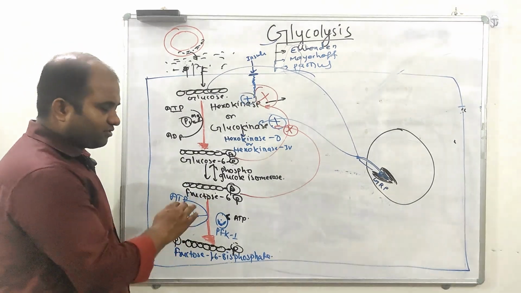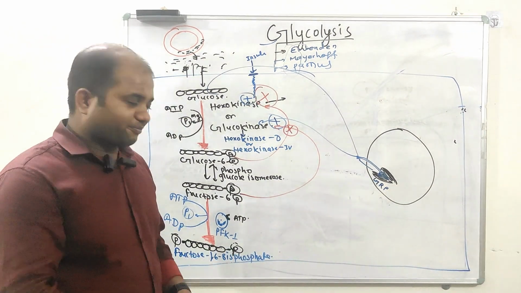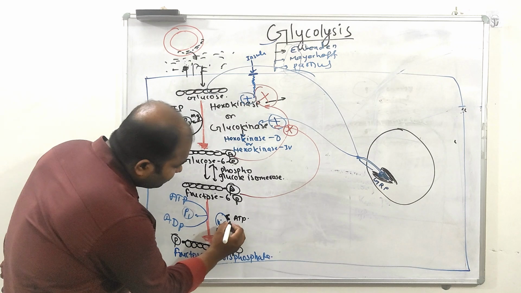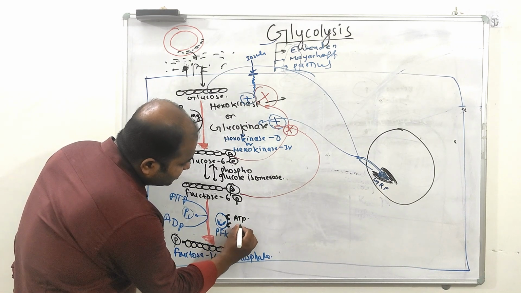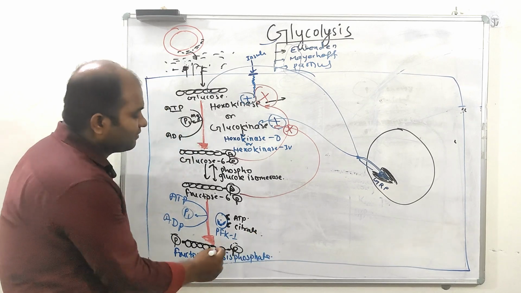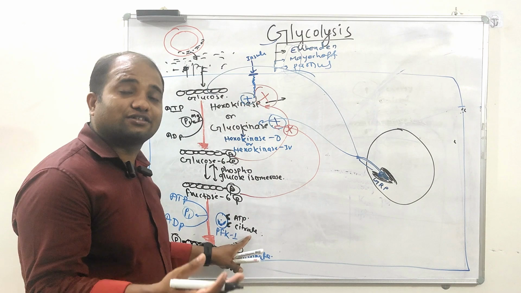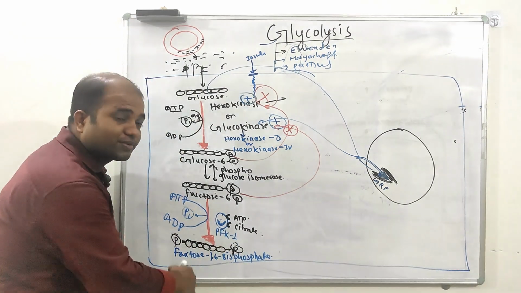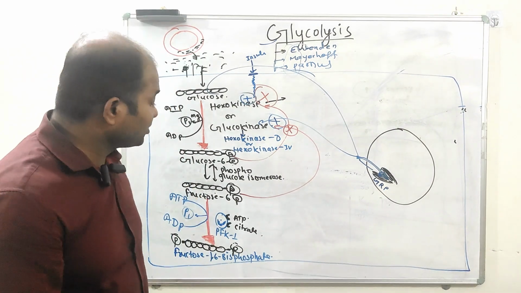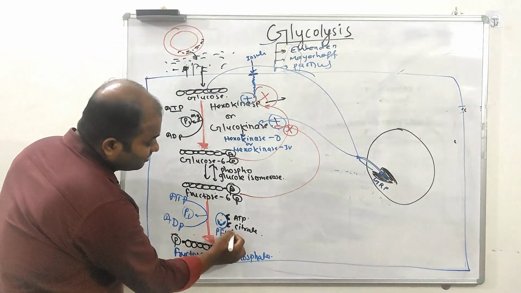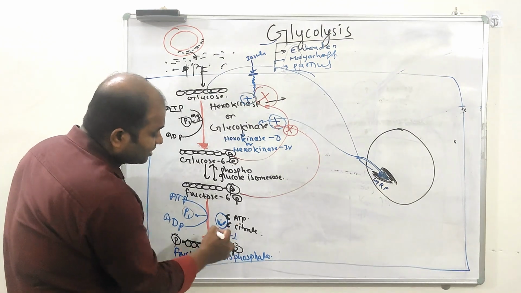And further direction should be stopped. Now the other molecule which binds is citrate. If the level of citrate is more, that means what? The TCA cycle is running well, so more energy, more ATP is being produced. That means this will inhibit the enzyme, right?